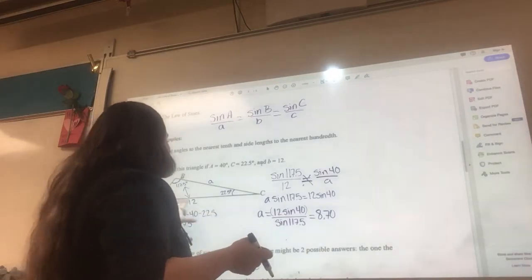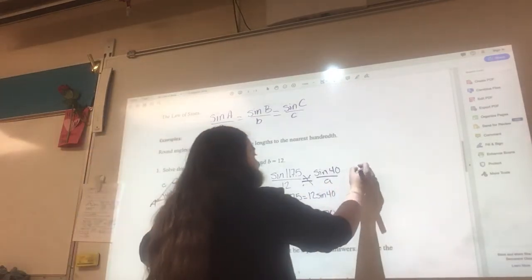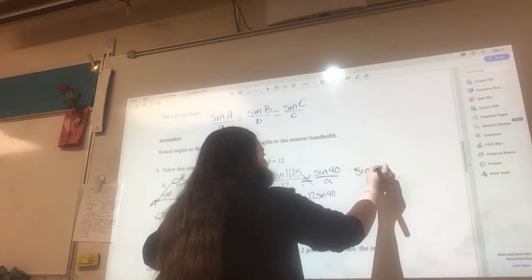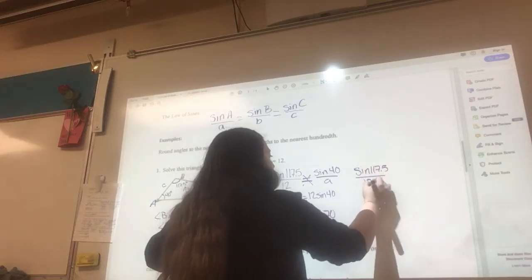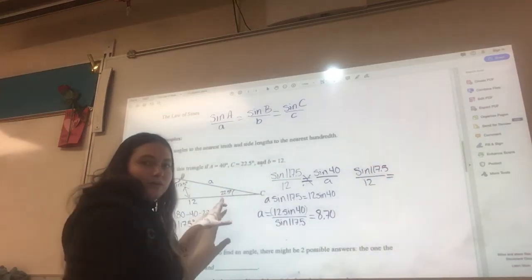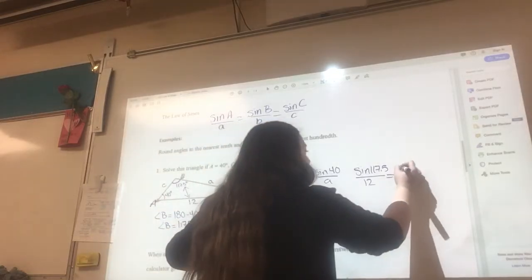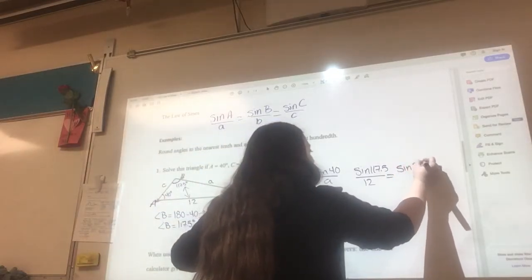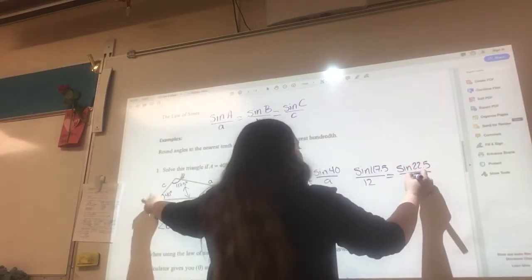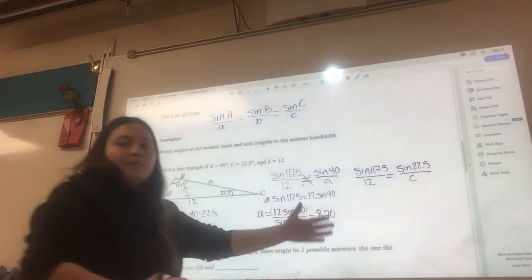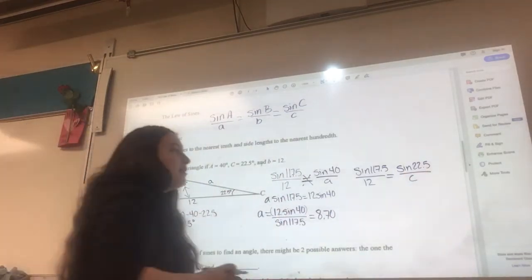So now we're going to solve for c. I'm going to set it up the same way. We have sine of 117.5 over 12 equal to our new sine of 22.5 all over our unknown variable c. It's a proportion, and we solve it the same way.